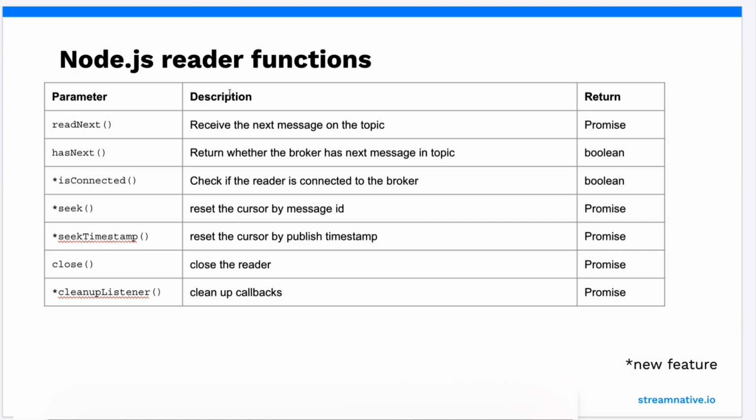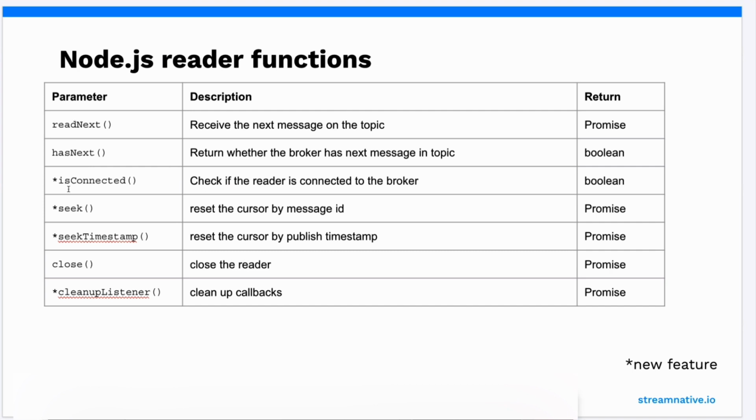It uses the subscription to manage the cursor location, where the topic progress you have consumed, right? But for reader, you don't have the concept of subscription. So very simple: do you have a next message to process?